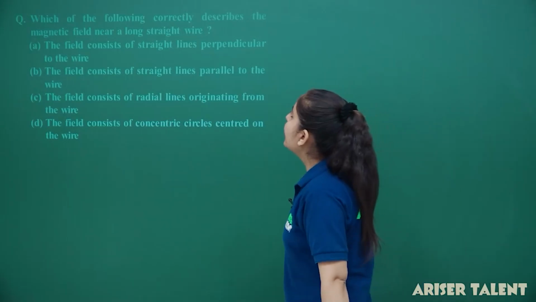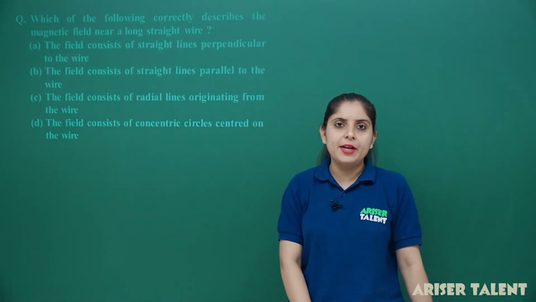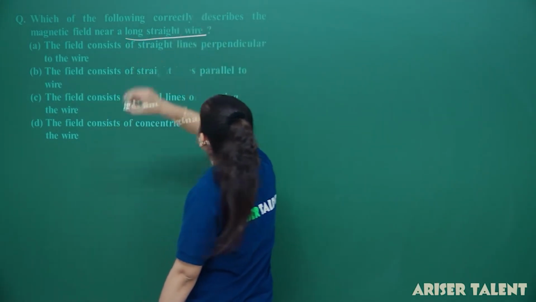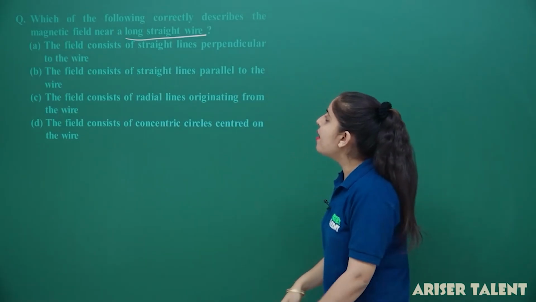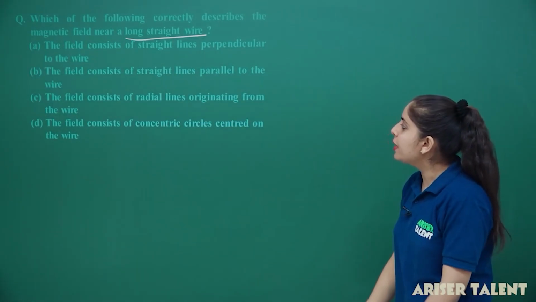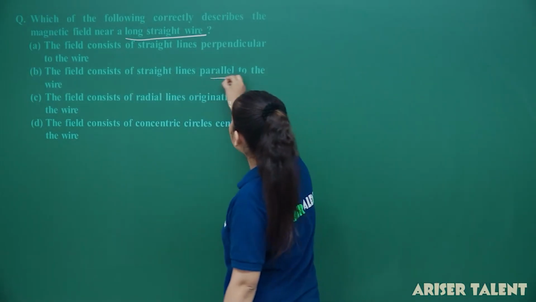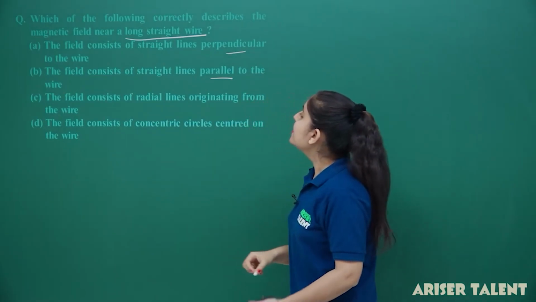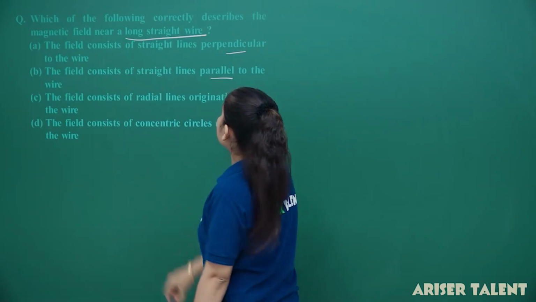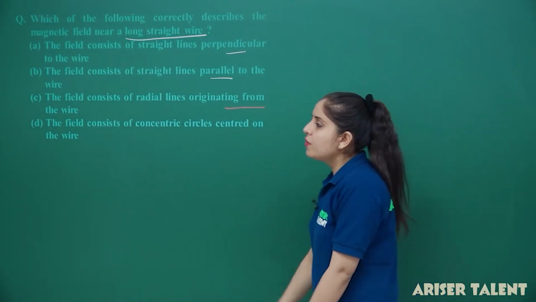Which of the following correctly describes the magnetic field near a straight wire? So you have to determine the magnetic field due to the straight wire. The options here are: field consists of straight lines perpendicular to each other, field consists of straight lines parallel to each other, field consists of radial lines originating from the wire, and the field consists of concentric circles centered on the wire.